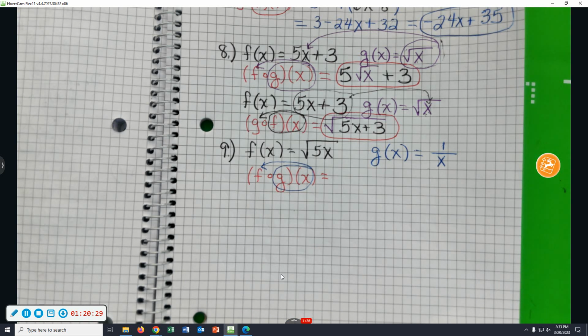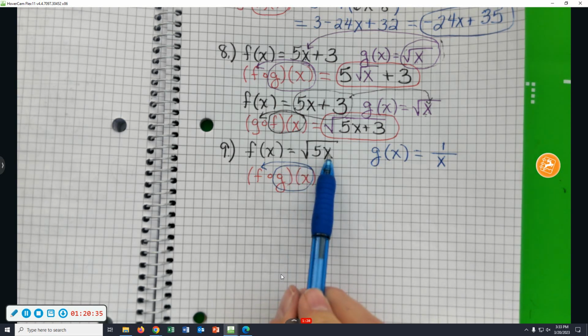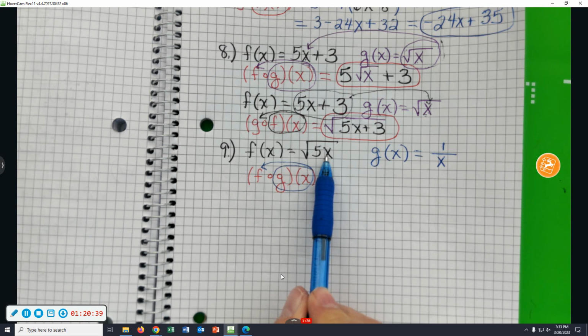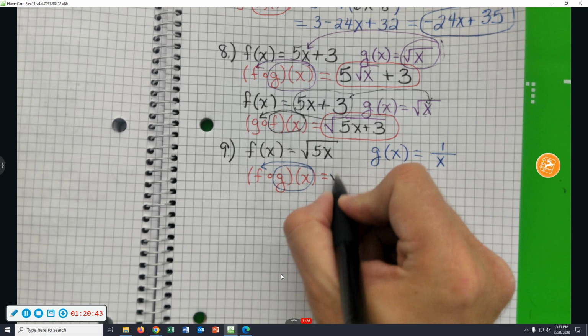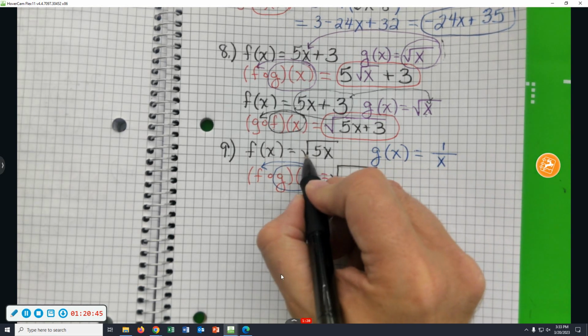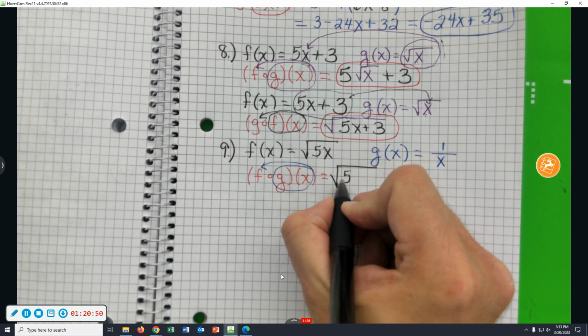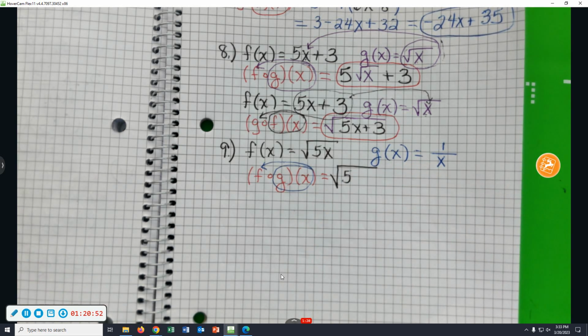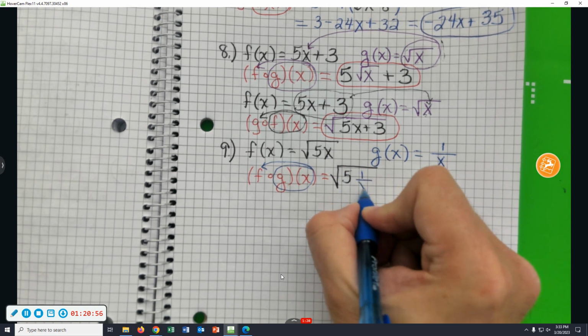So in words, what am I going to do? I'm going to come over here to this black square root of 5x, and I'm going to replace this black x with what? 1 over x. I'm writing the black square root and the black 5 down. In place of this black x, I'm going to put the 1 over x.